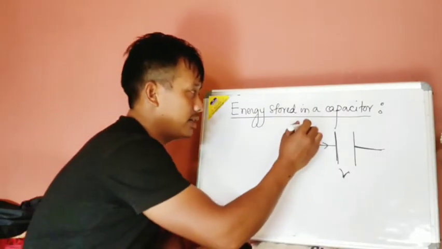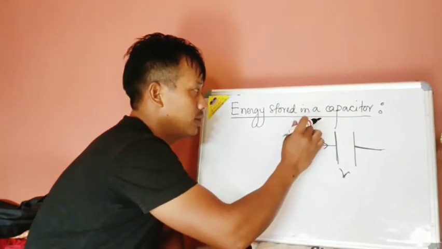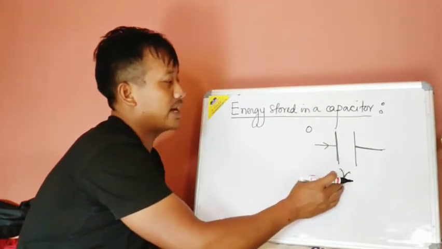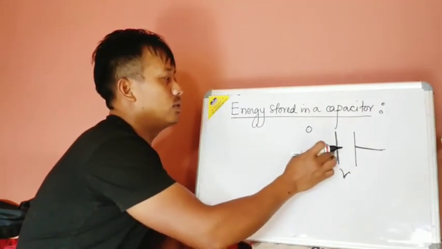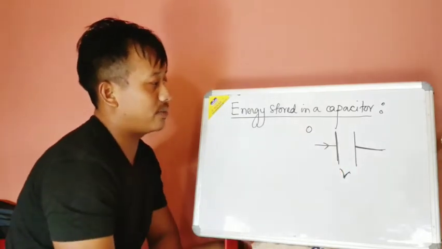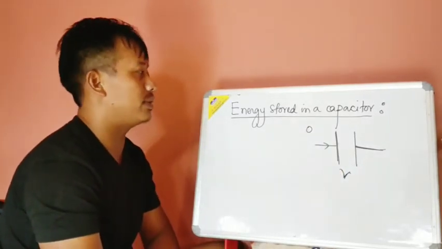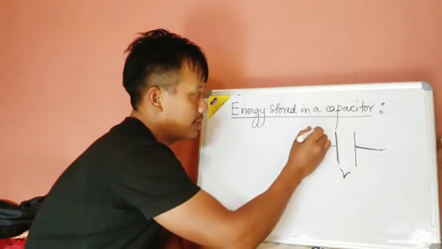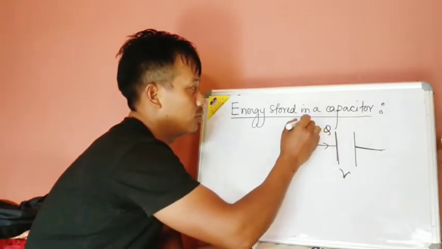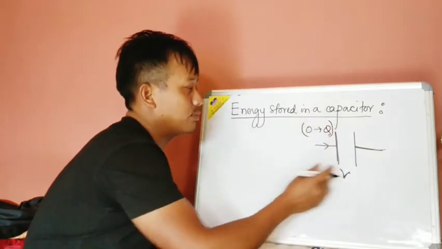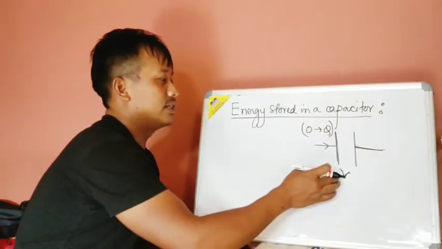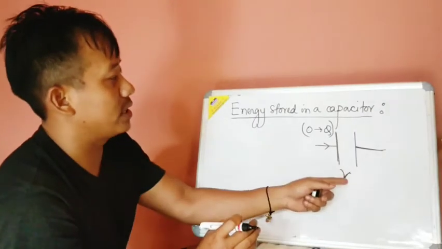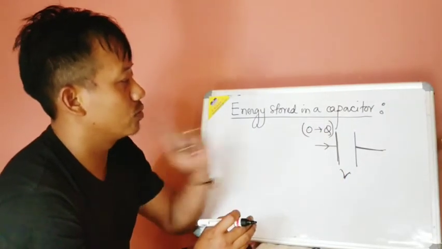Initially, when you do not apply the potential, although two plates are there, charges will not be there. When you apply the potential, charge will develop. The charge develops from 0 to Q as the potential increases from 0 to V. So V is the applied potential, and charge increases from 0 to Q.